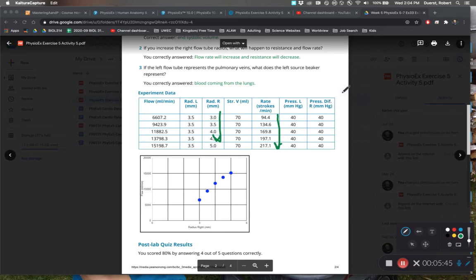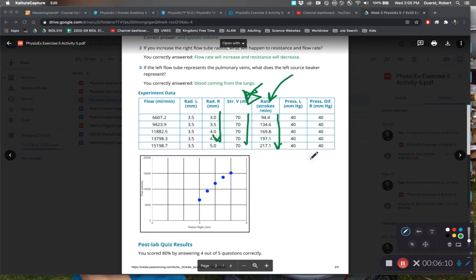If our stroke volume remains constant, so I highlighted the wrong column there, so that we don't have that increase in blood, it'll still be easier for the heart to contract because it has less resistance so it can drain itself faster.